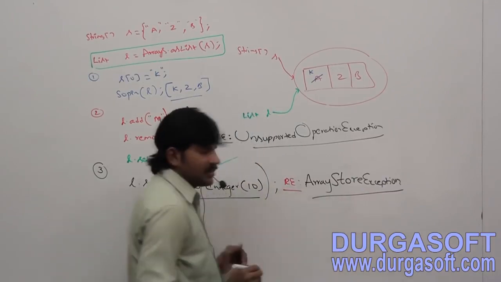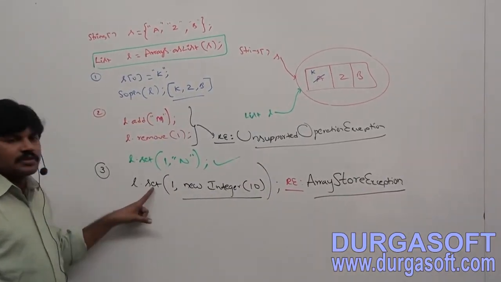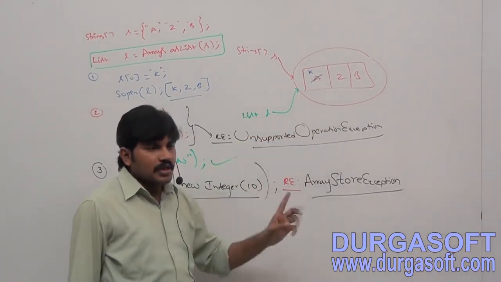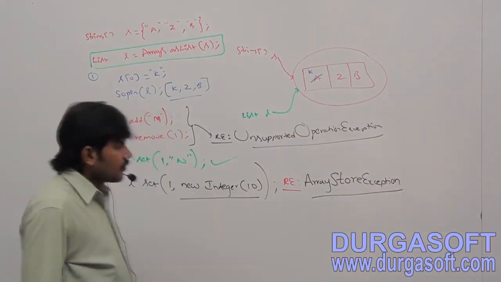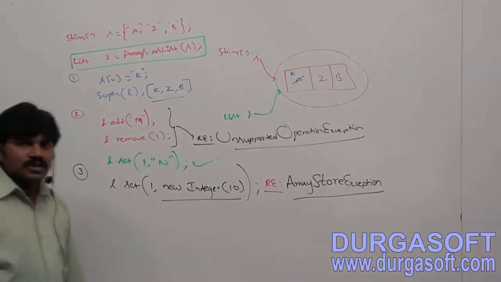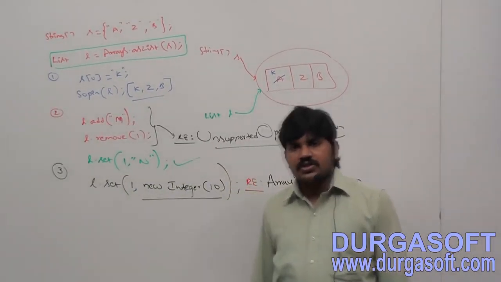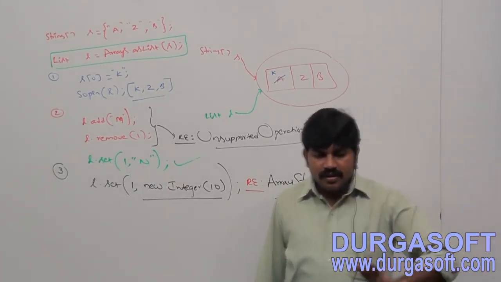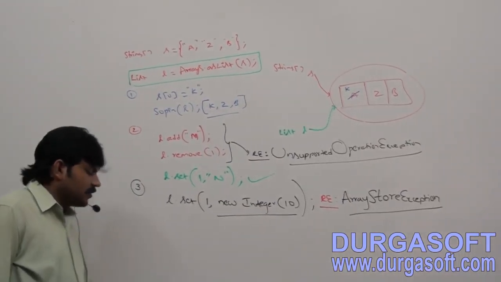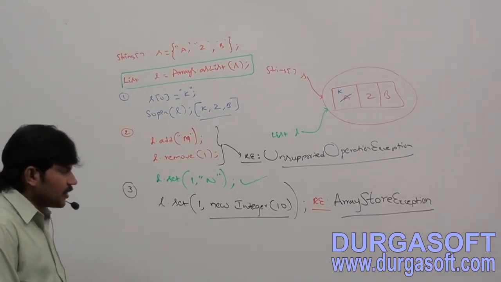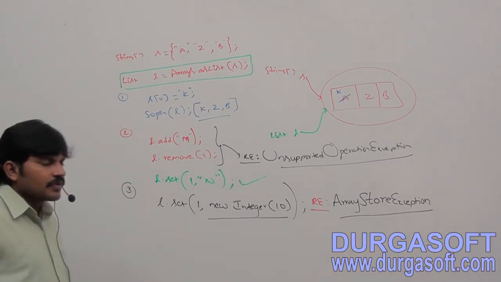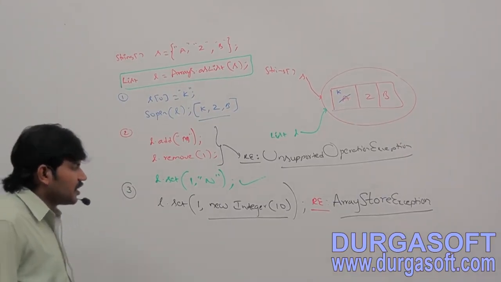Array store exception. Okay, so by using a list reference, we are not allowed to replace with heterogeneous objects. If we try, we will get an array store exception, a runtime exception, right? By using a list reference, we are not allowed to replace with heterogeneous objects.